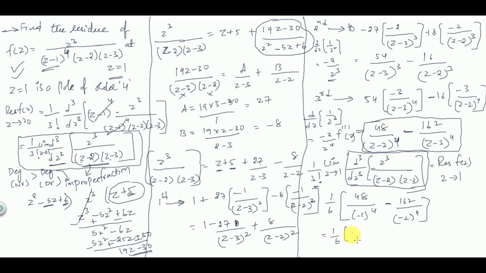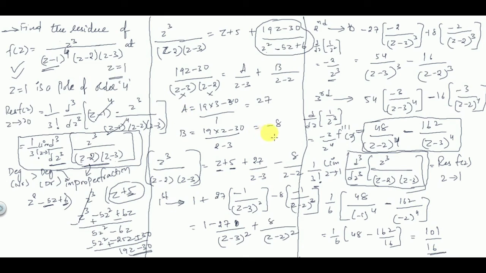So 1 by 6 into 48, since minus 1 whole to the power of 4 is 1, minus 162 by 16. If you solve, you will get 101 by 16. So that is your answer.